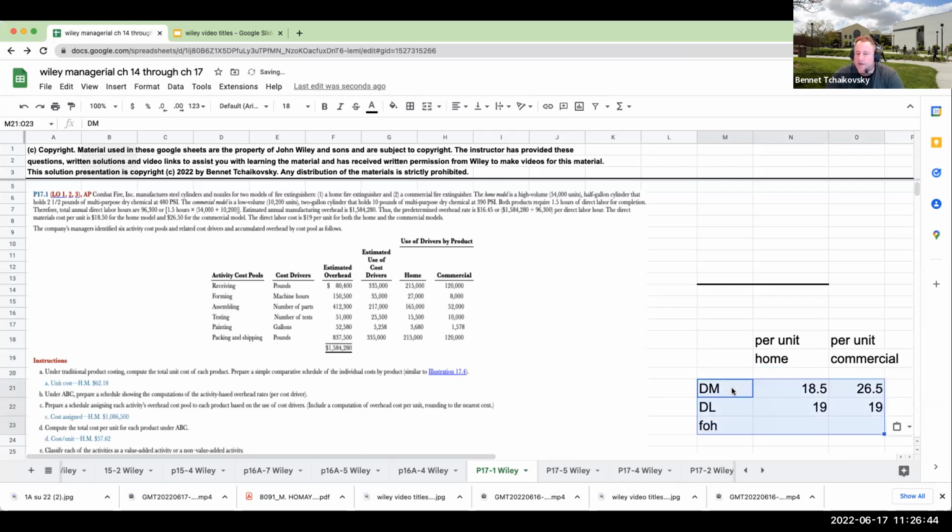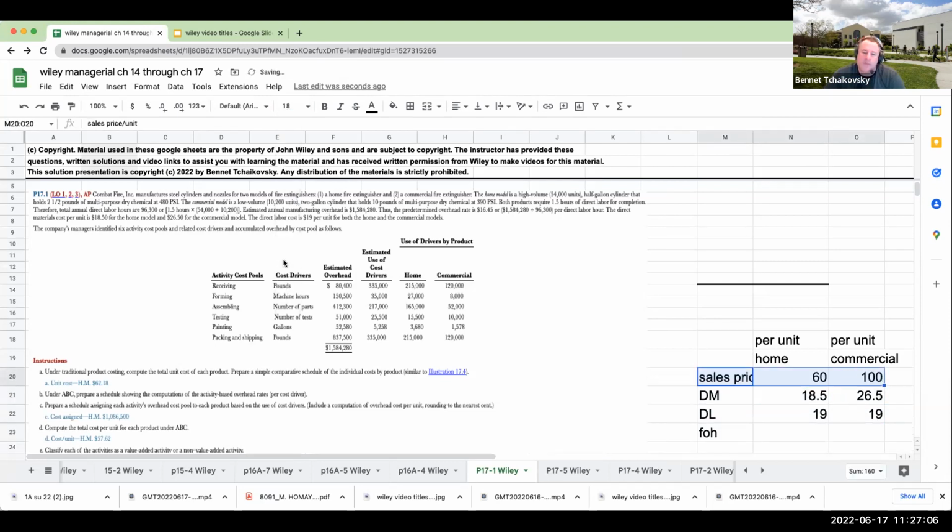Why does this all matter to us? If our sales price per unit for the home model is, say, $60, and for the commercial unit it's $100, the reason this matters is that depending upon the allocation method I use, I could take a product that is seemingly profitable under one overhead allocation and turn it into an unprofitable one.